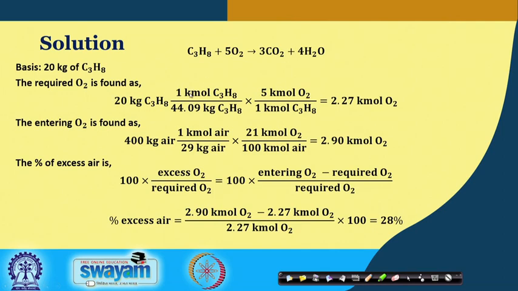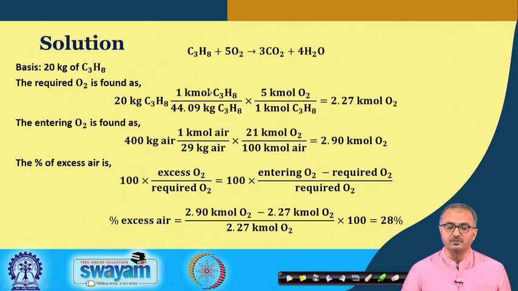So, we have 1 kilomole of propane, and that needs 5 kilomoles of oxygen, and we convert them into mass by multiplying with their molecular weight, because our basis is in mass.